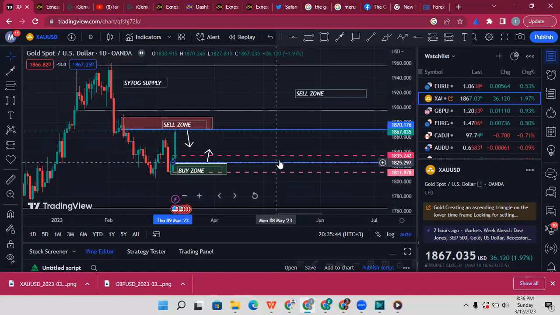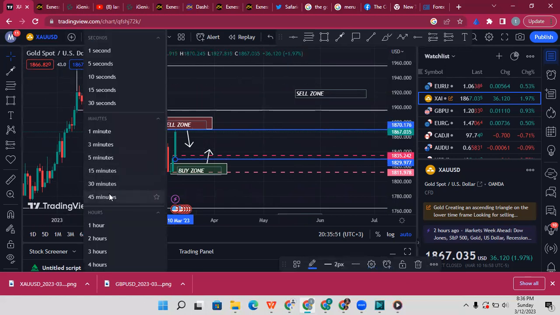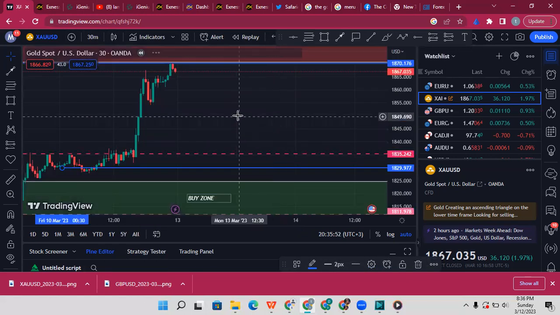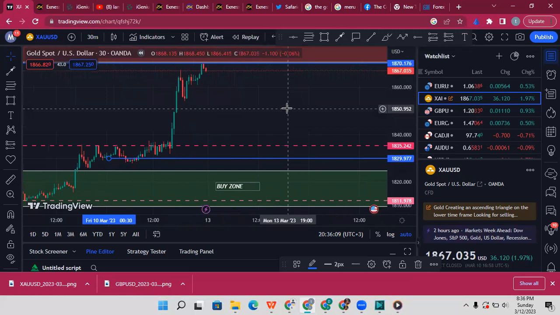On Friday, I moved this a little bit. On Friday, price closed on that level. So on the 30 minutes time frame you can see price closed on this level on Thursday, and on Friday this was the lowest level that price got into. So guess what?